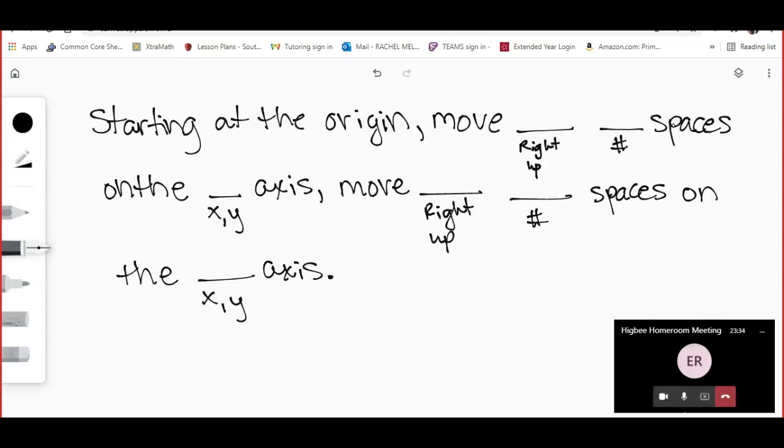Because your quiz in just a minute, you're going to have to say this, which is why I'm writing it right now. If I don't hear those things, origin, your axes, your spaces, whether you're moving right or up, then I'll have to take points away. So I need to have all of that.